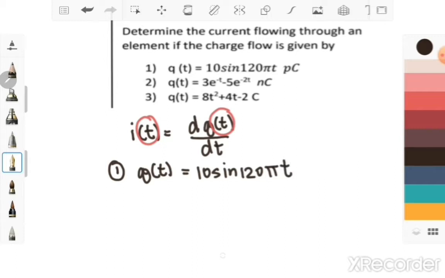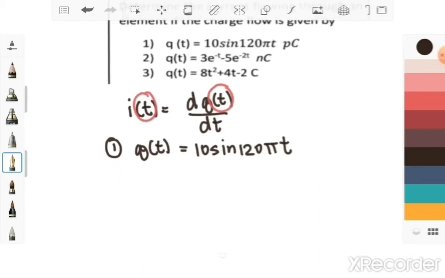So going back to the principle I equals dq over dt, you should remember the derivatives of each trigonometric and algebraic and other functions. Okay, we have 10 sine 120 pi t. So how will we solve that?